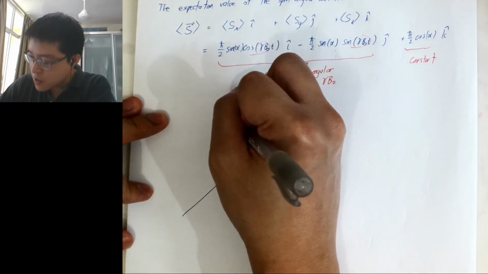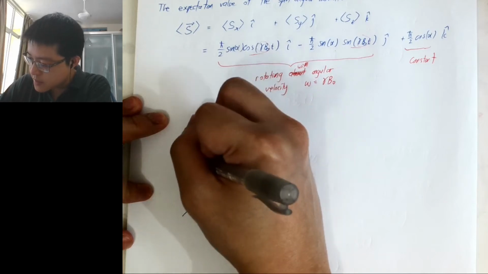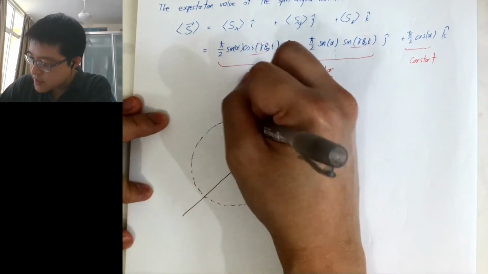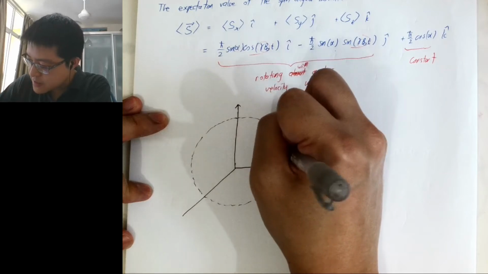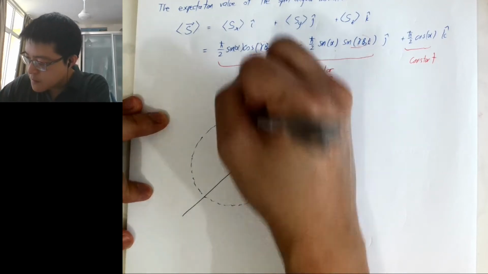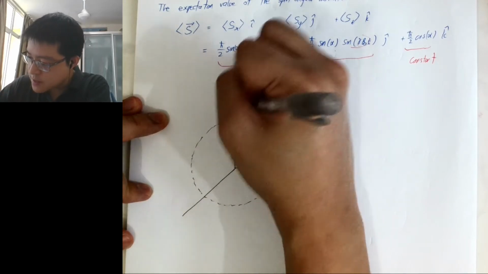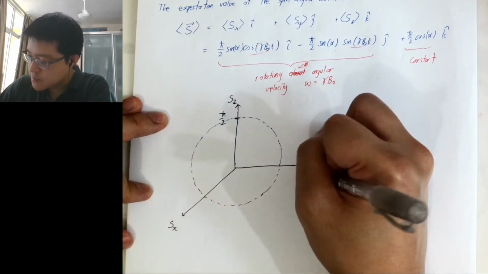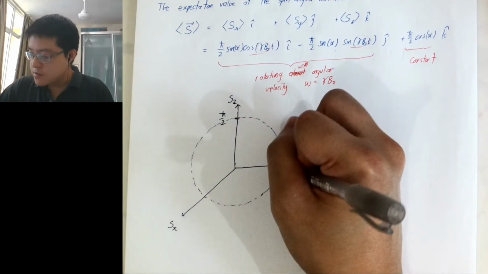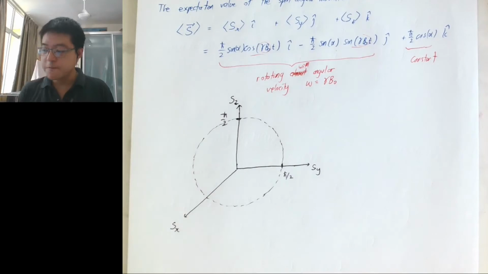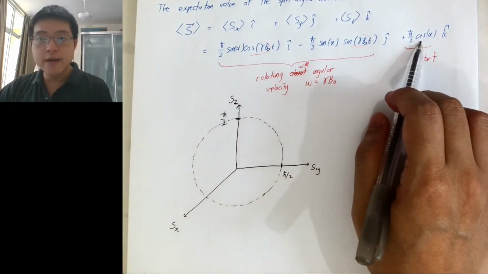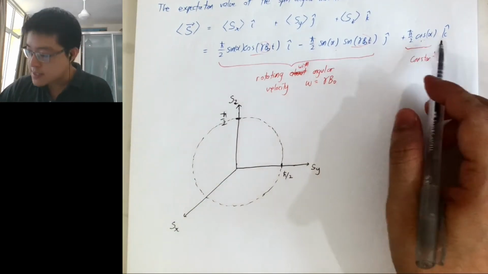So let us draw a vector of length h bar over 2. That means the whole vector is contained on the surface of this sphere, where the radius is h bar over 2. So this is my sz direction, this is my sx direction, this is my sy direction. Okay, and then we notice that the z coordinate is h bar over 2 cosine alpha.